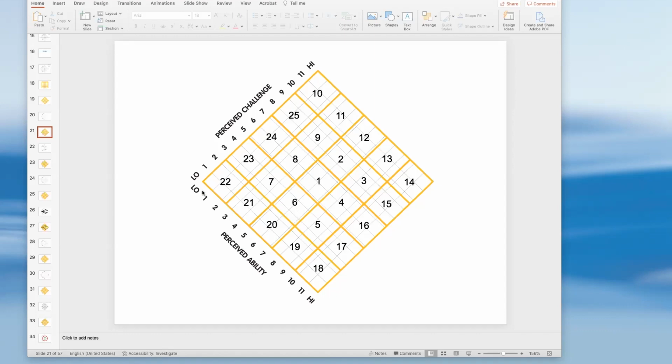Would you give yourself a low ability, a moderate, a high, moderately high? And similarly, how would you rate the challenge? That, by the way, is a video that's just walking them through the process. And then based on what section they land in, it's going to have a number.